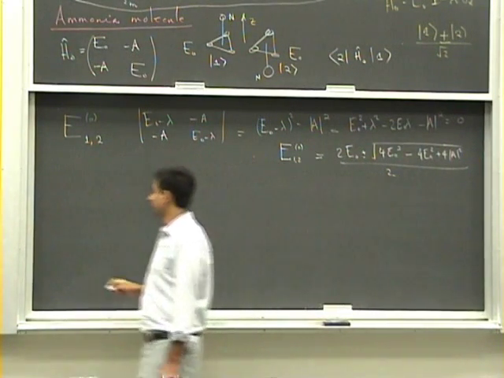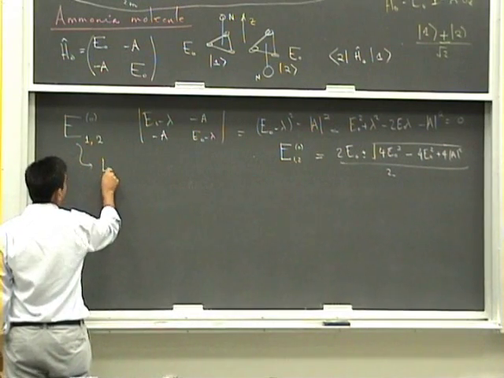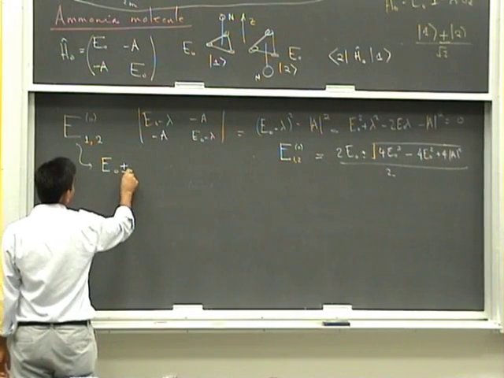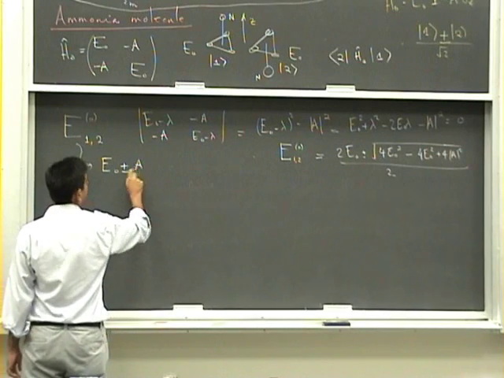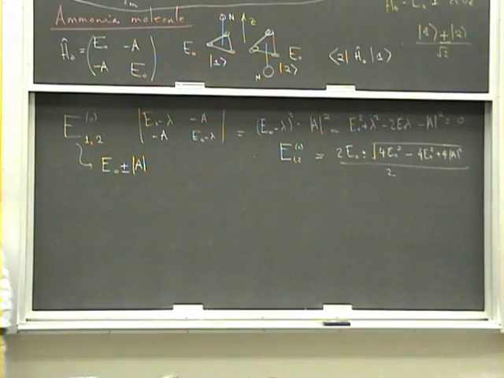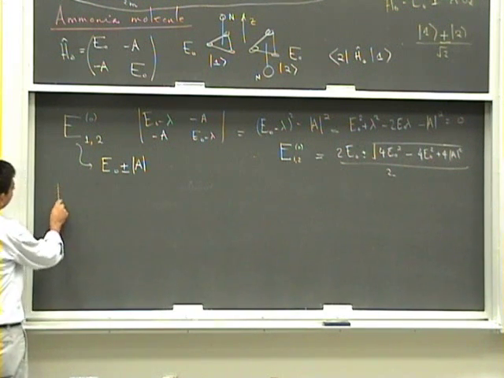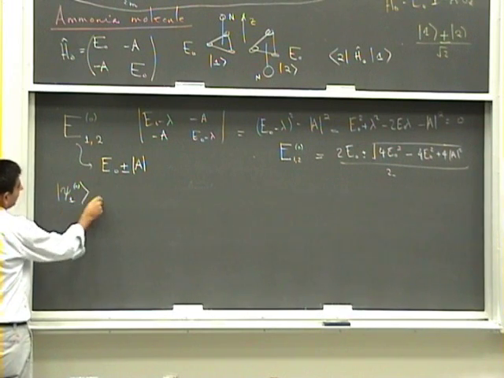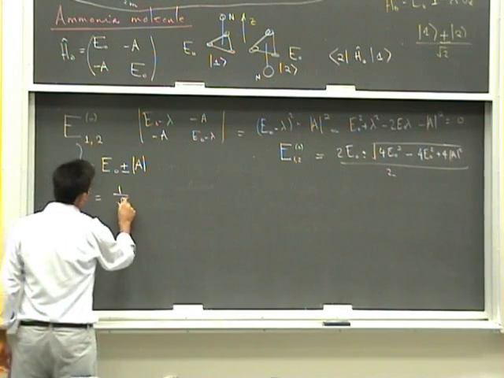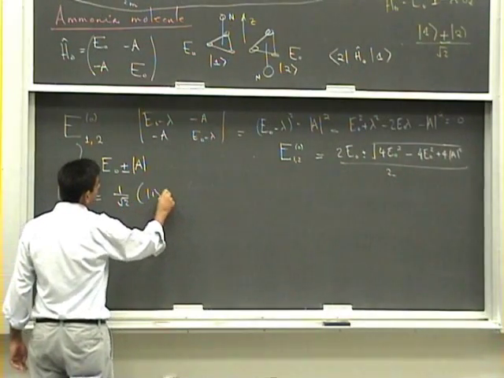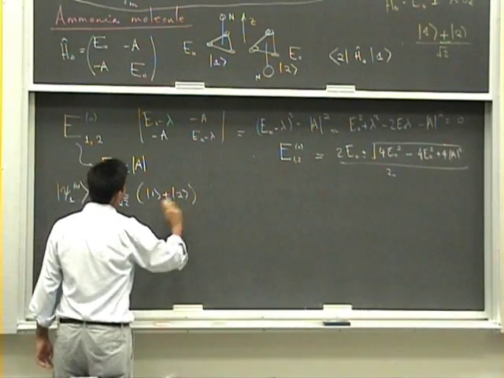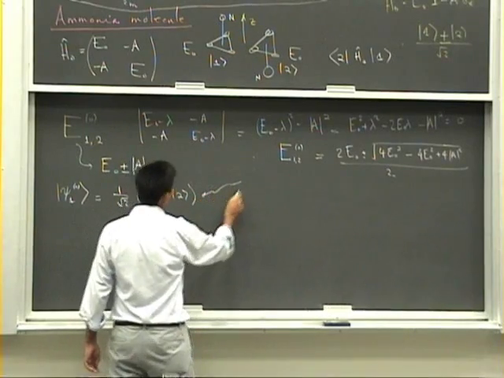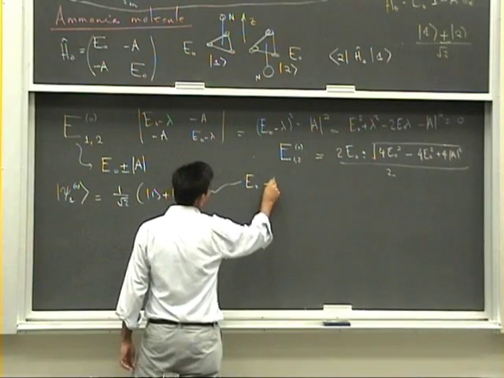So the energy eigenvalues are simply E naught plus minus a. The unperturbed eigenstates, psi 1 to 0th order, is 1 over root 2 ket 1 plus ket 2, and its energy will be E naught minus a.